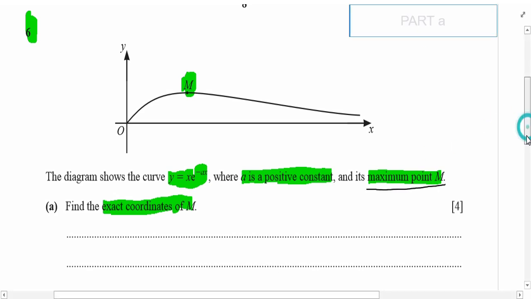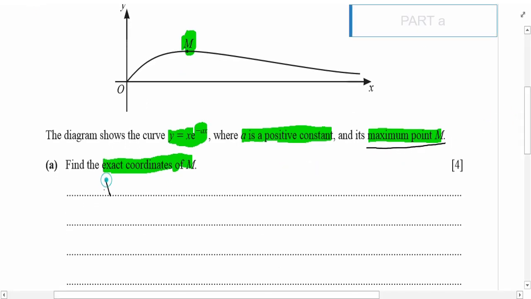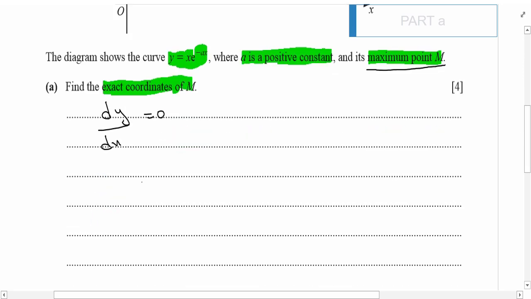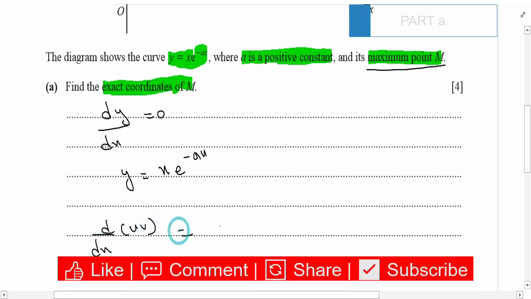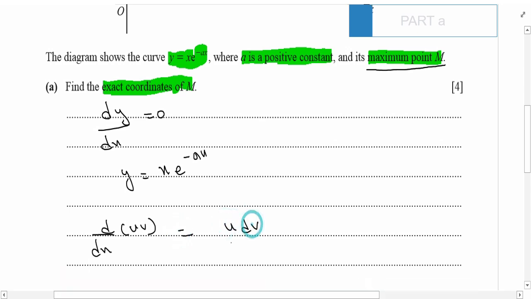We know that when a point is a maximum, at that point the derivative is equal to 0. So we differentiate y equals x e to the power of minus ax. We are going to use the product rule, which is d over dx of uv equals u dv by dx plus v du by dx.